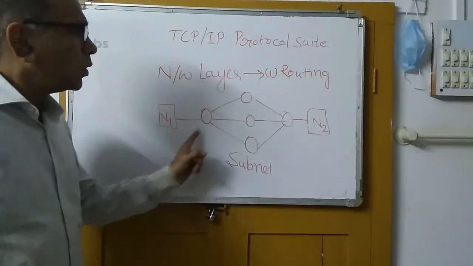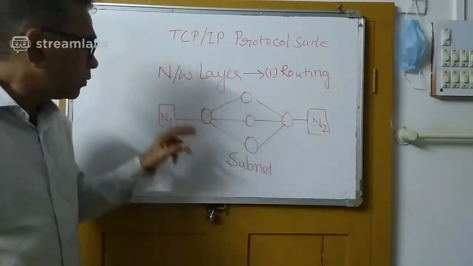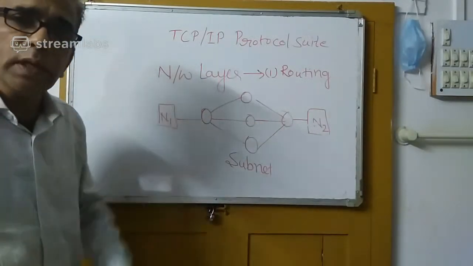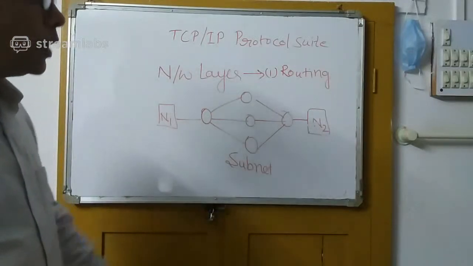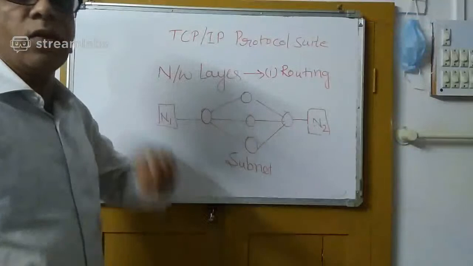Now to decide which route to use to reach a destination, first it should know the destination with which it is communicating. We need some kind of identification for the destination at this layer also.